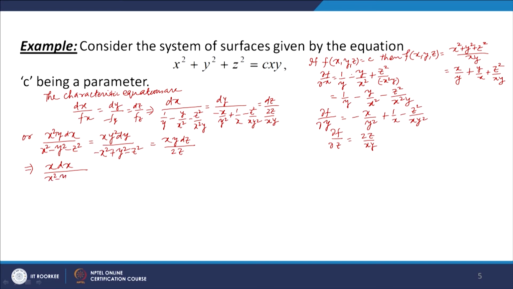Okay, so cancelling x y we get x dx over x square minus y square minus z square is equal to y dy upon minus x square plus y square minus z square, equal to dz upon 2z. Okay, from here what do you notice?